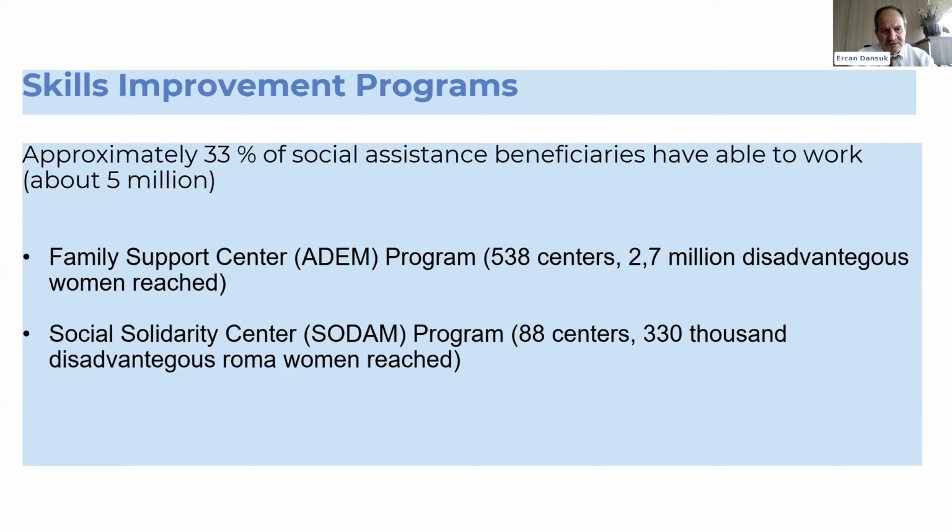Family support centers are for women and the social solidarity centers are for the Roma people. As you see, from 2011, we have provided services to about 207 million people, the beneficiaries in the family support centers, and about 300,000 people in the Sudan. Let's go to the next slide, please.